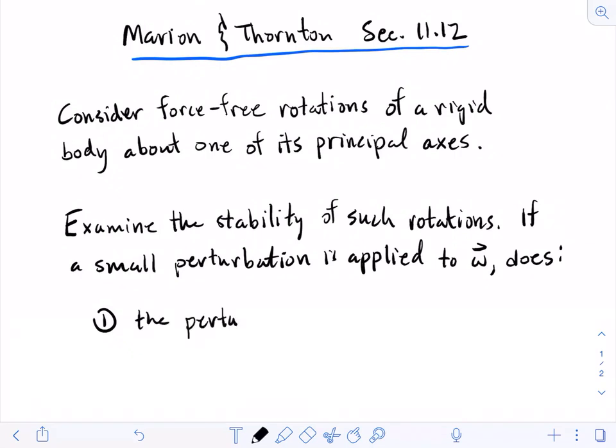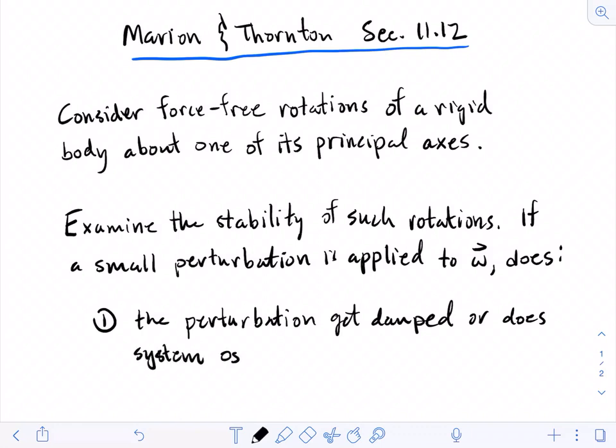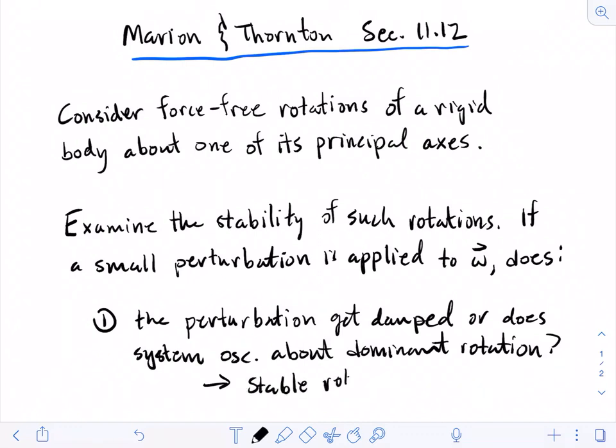Does the perturbation get damped, or does our system oscillate about the dominant rotation direction? So if that's the case, we're going to call that a stable rotation.